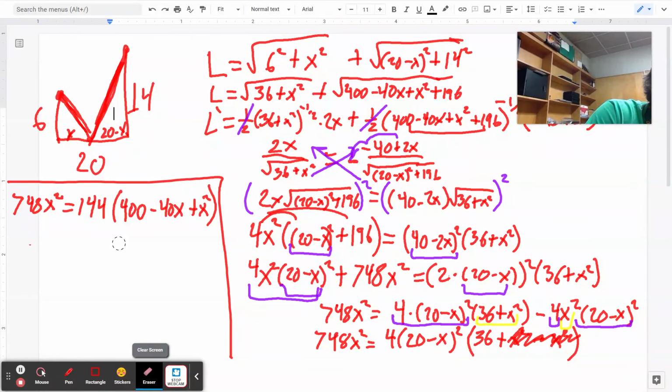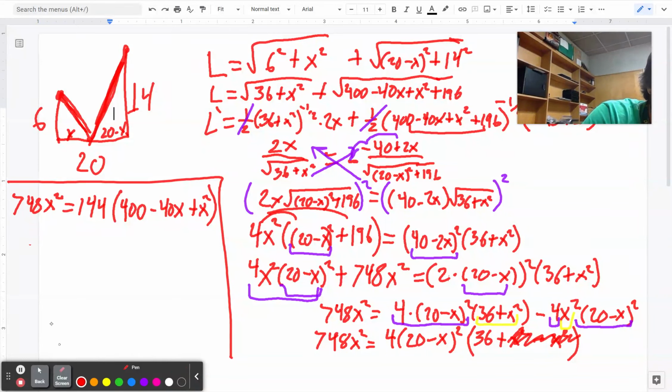So I could divide it by 4. 748 divided by 4 is 187. So I can make this 187x squared, and 144 divided by 4 is 36. Just trying to get my numbers smaller.